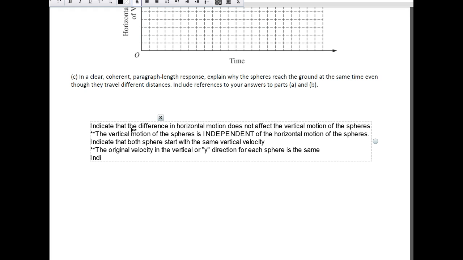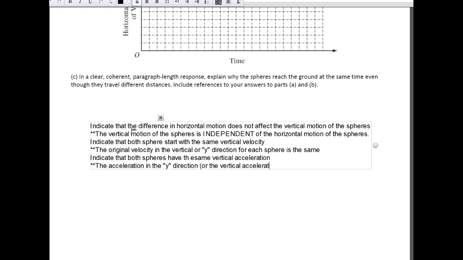Next, we need to indicate that both spheres have the same vertical acceleration. Here we would say the acceleration in the y direction, or the vertical acceleration, is equal to the acceleration of gravity, which is 10 meters per second squared.